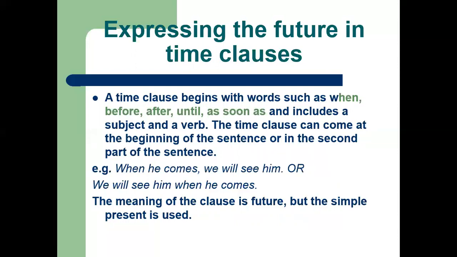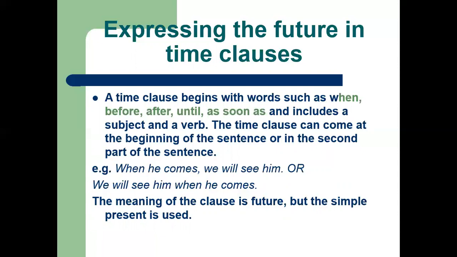But when you have a clause, a structure of subject and verb, starting with when, before, after, until, as soon as, and then a subject and a verb following that structure, the tense used should be present simple and not the future, right?